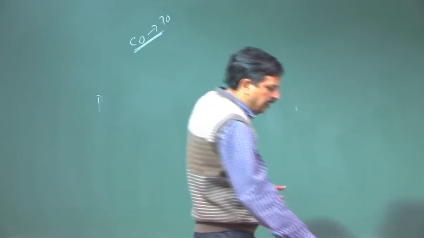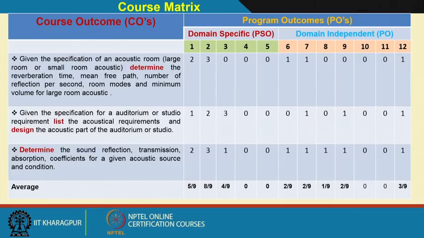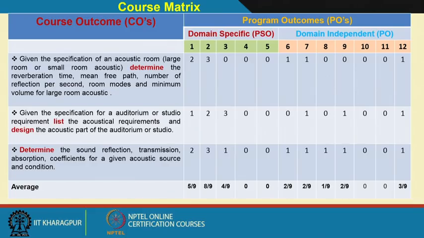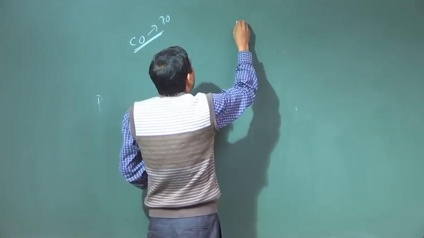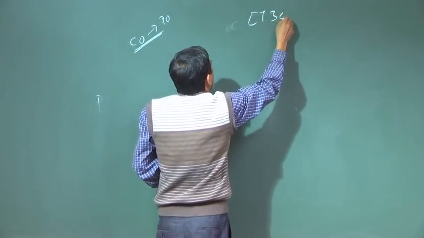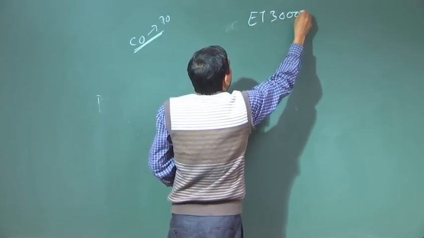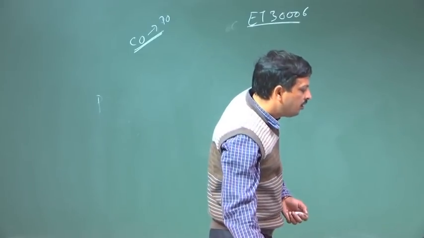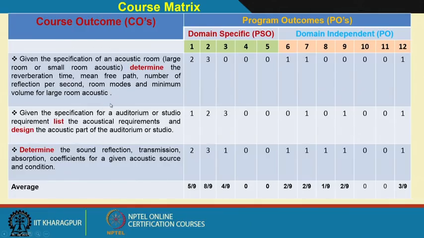So, let us develop the matching mechanism. If I have a course, there are 3 course outcomes written. Those are the 3 course outcomes of a course. I can name the course ET 3006, and it has 3 course outcomes that a teacher has written.